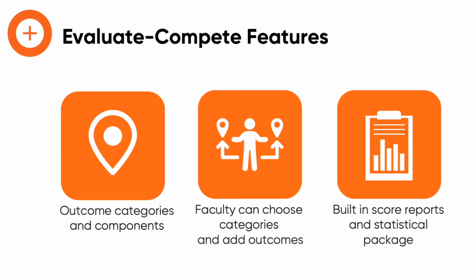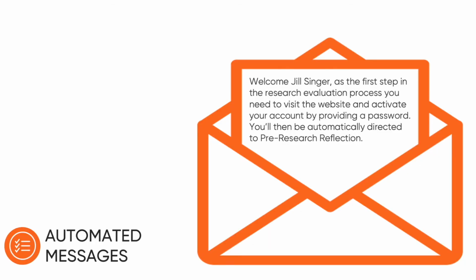eCompete will generate score reports showing each outcome component and the score given by the student and teacher, and there will also be a built-in statistical package similar to Evaluate UR's Easy Stats that summarizes statistical measures for all of the outcome components. To keep students and teachers on track, automated messages are built into eCompete.